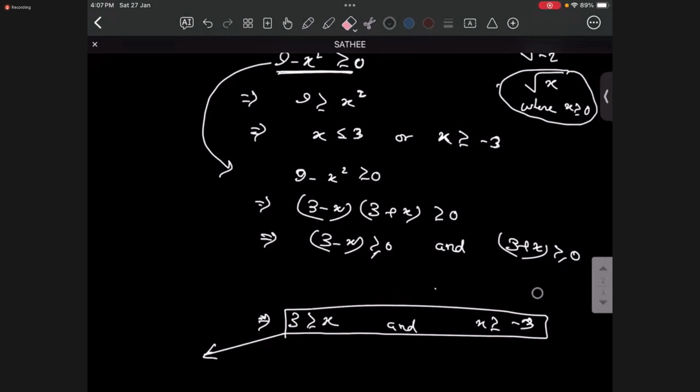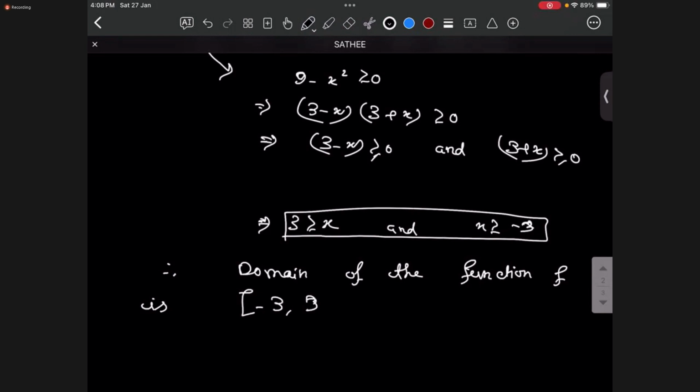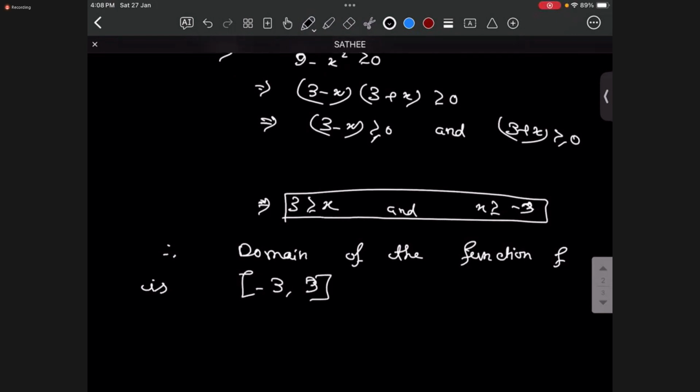Okay. So what is the domain of this function? The domain of the function f is -3 to 3. Okay.